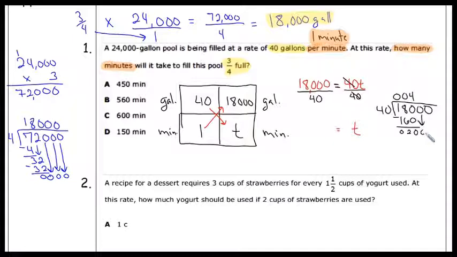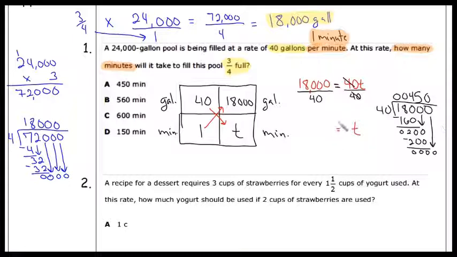I have 200. And I know 40 goes into 200 5 times, because 4 times 5 is 20. So 5 times 40, a 4 with a 0 behind it is 20 with a 0 behind it. And when I subtract, I get 0, 0, 0. Bring down the last 0, and 40 goes into 0, 0 times.